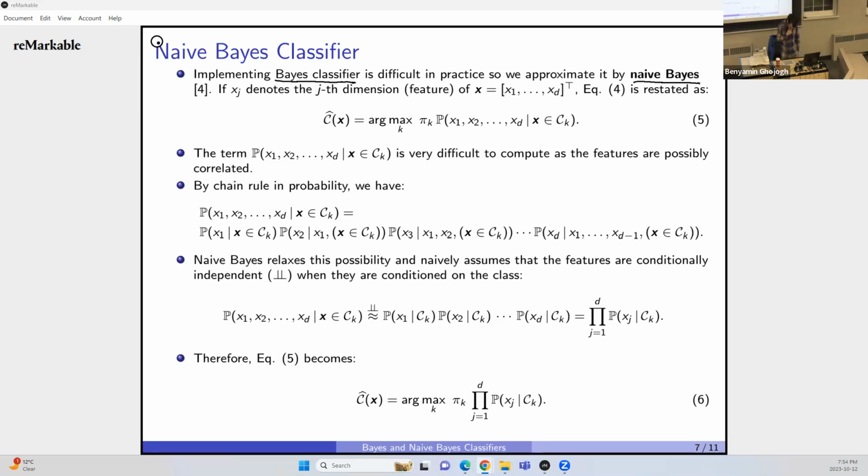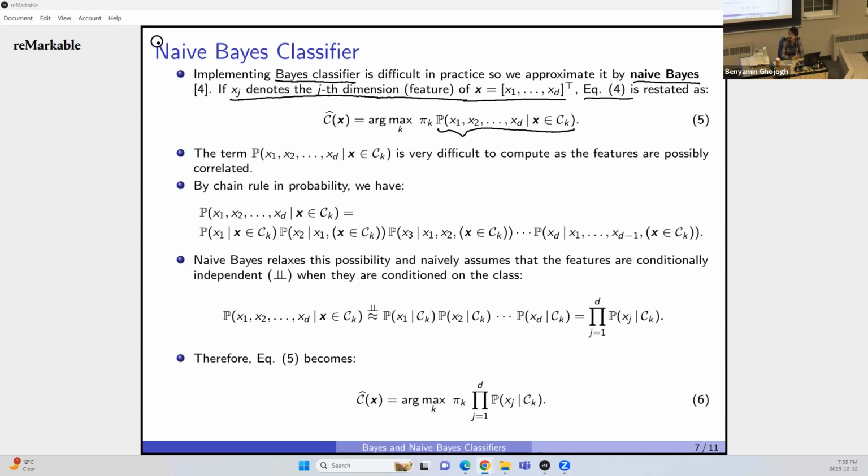If x is a d-dimensional vector, xj denotes the jth dimension or feature of x, right? Then equation 4 that we had, which was the argmax of the prior times the likelihood, becomes this. My likelihood becomes the joint likelihood of x1 to xd, all of the features, given that x belongs to this class, right?